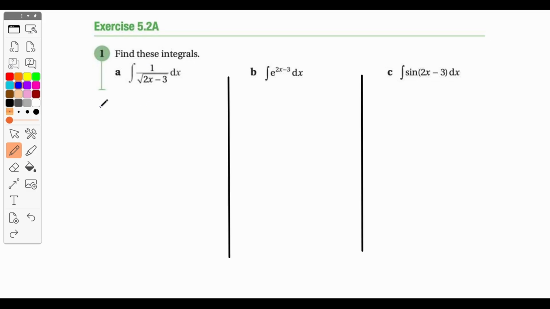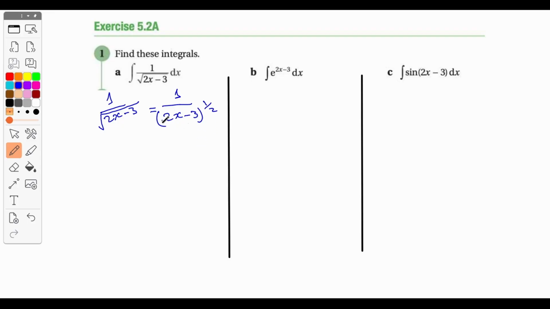This quantity, 1 over the square root of 2x minus 3, the square root of 2x minus 3 could be written as 2x minus 3 power of half. Usually the square root of x is equal to x power of half.